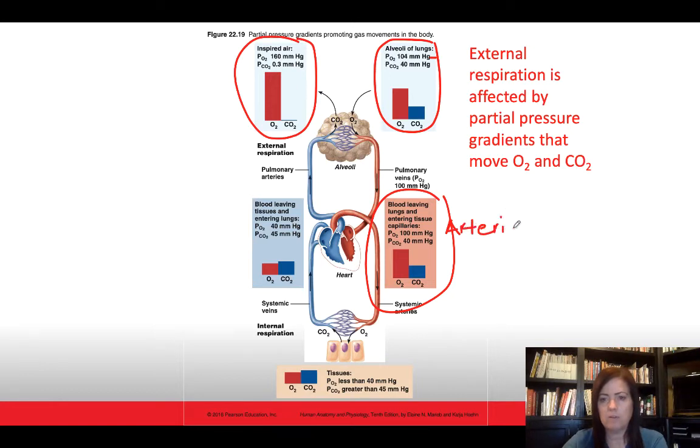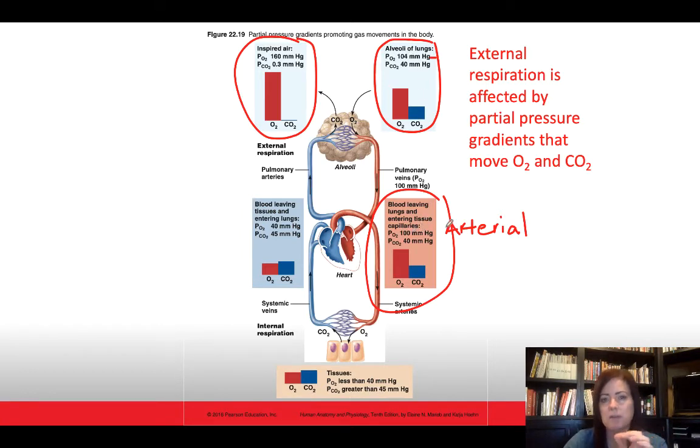On the arterial side of things, we see some changes in our partial pressure here. Now, really the only difference is that the partial pressure of oxygen has decreased from 104 down to 100.